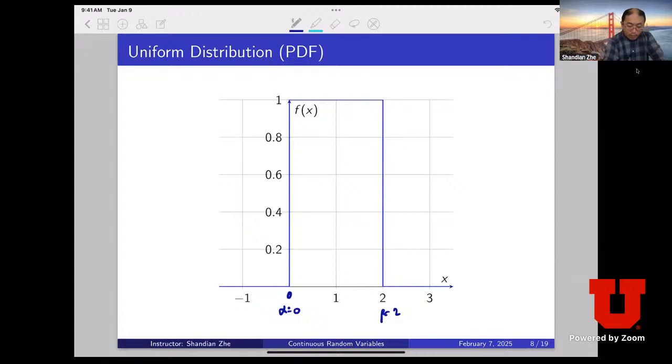Oh, sorry, the y-axis has some issue. It should be 1 over 2. And for all the x values outside of this range, the probability density function is simply 0. Does it make sense?